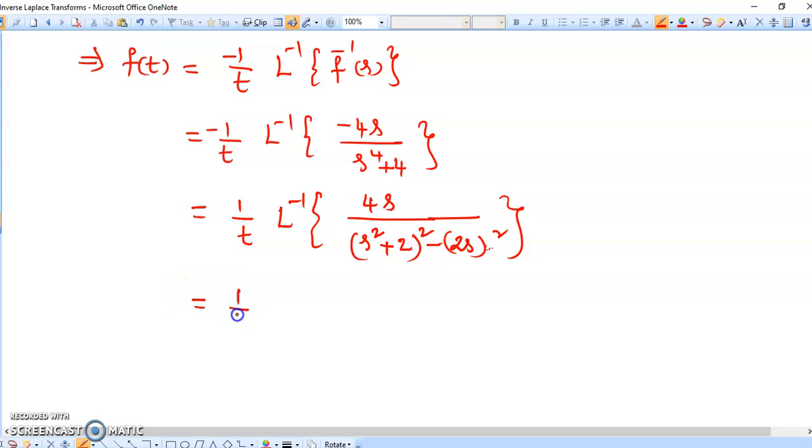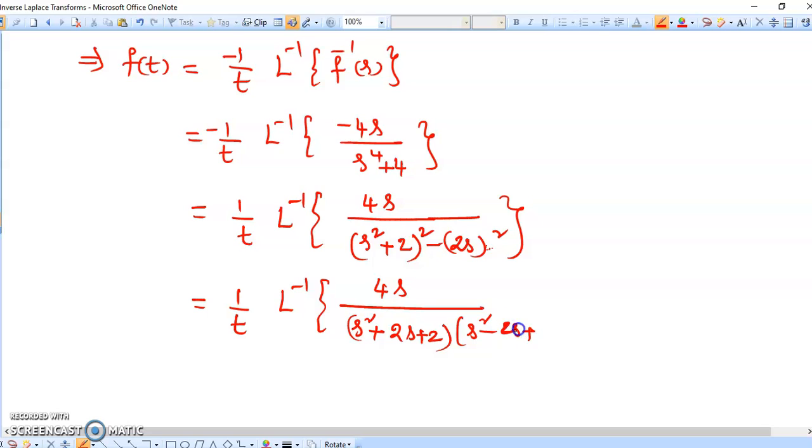So this will be 1 by t times L inverse of, and then I can apply partial fractions again to split this into two terms: s square plus 2s plus 2, this is a plus b, and s square minus 2s plus 2, a minus b.